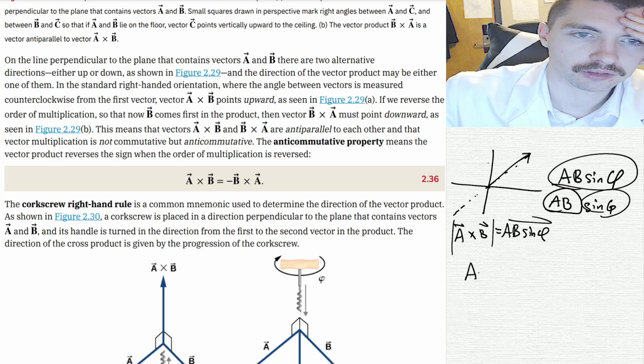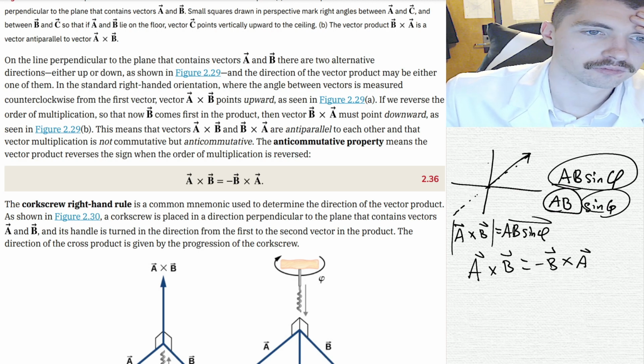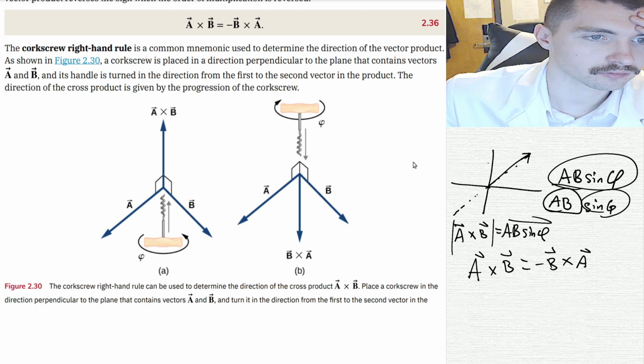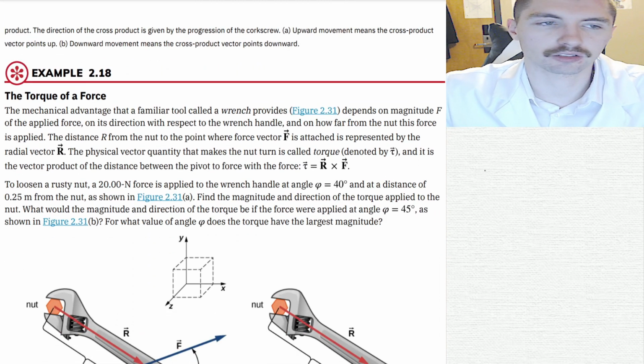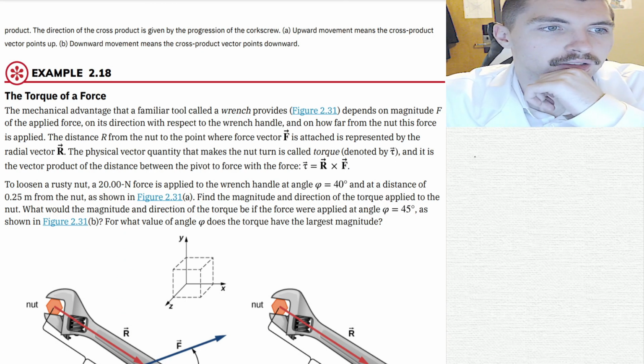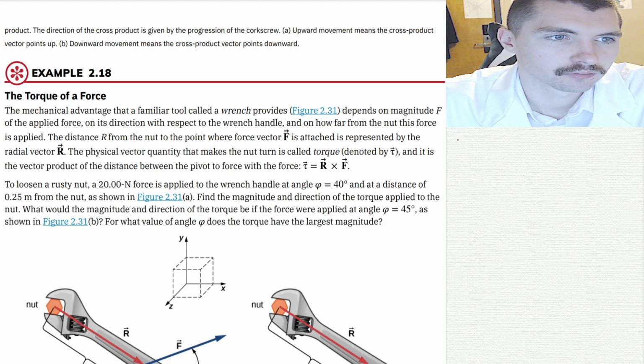Okay. Okay, let's do an example. The mechanical advantage that a familiar tool called a wrench provides depends on the magnitude F. I don't get why they say mechanical advantage.